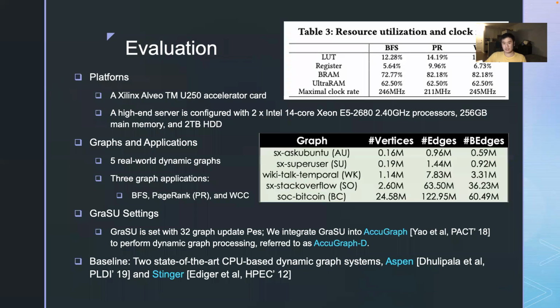For the evaluation, they integrate GraSU into AccuGraph to perform dynamic graph processing, called AccuGraph-D, running on a Xilinx U250 accelerator. They choose Aspen and Stinger as baselines and run them on a high-end server. Three graph algorithms, BFS, PageRank, and WCC, are tested on 5 real-world dynamic graphs.